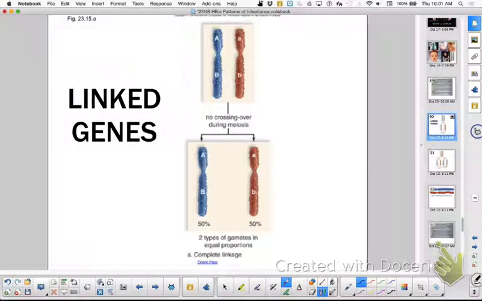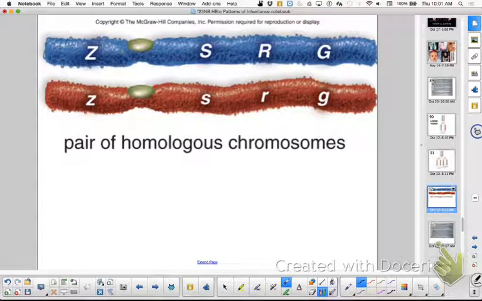And genes that are linked together tend to travel together to the same gamete. Okay, and the only thing that breaks up that linkage is crossing over. So crossing over is the only way that our linkages are broken up.